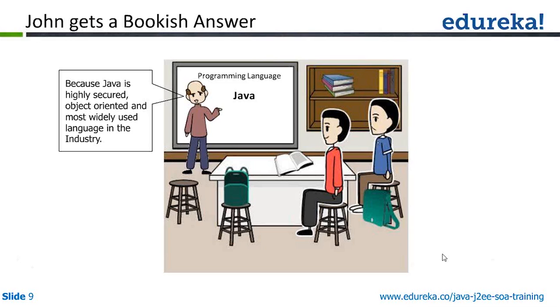In your opinion, which of the three, I'll just give each one a number: 1, it's highly secured; 2, it's object oriented; and 3, it's widely used in the industry. Just type in whether it's 1, 2, or 3 that really motivates you to learn Java.